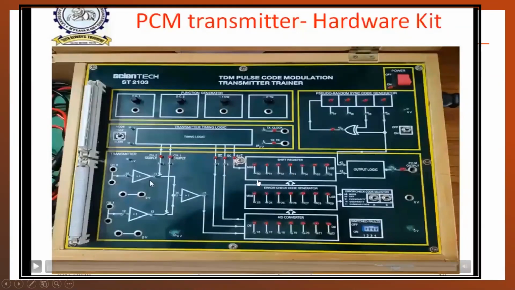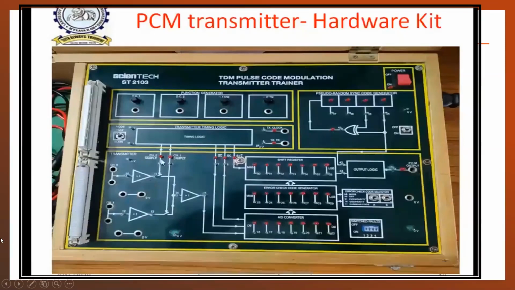And these LEDs will show that particular bit sequence. In time division multiplexing, two channels are provided for multiplexing in the time division signal form. And for transmission and reception, two different bits are there. And the rest you will learn in this video.